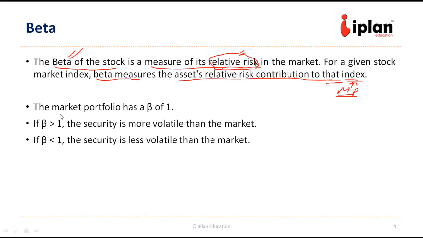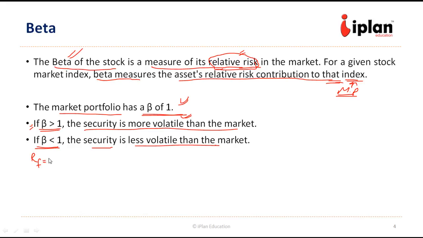So for a market portfolio, beta is going to be equal to 1 since we are measuring relative to the market portfolio. If the security is more volatile than the market, riskier than the market, then we have value greater than 1. And if the security is less volatile than the market, then we have the value of beta less than 1.